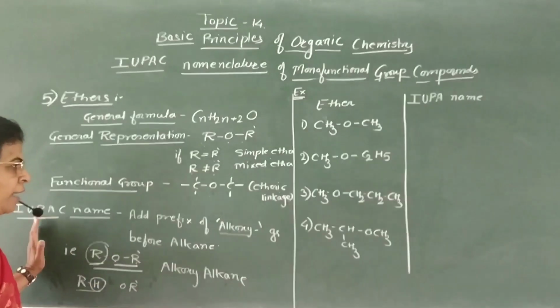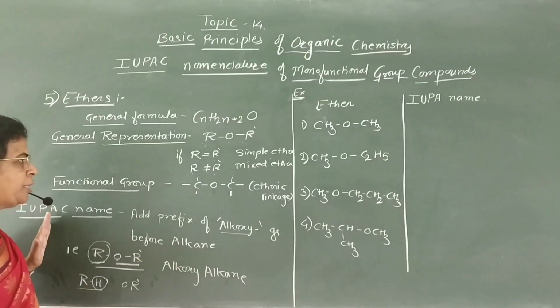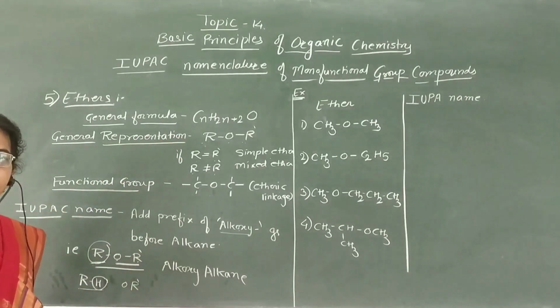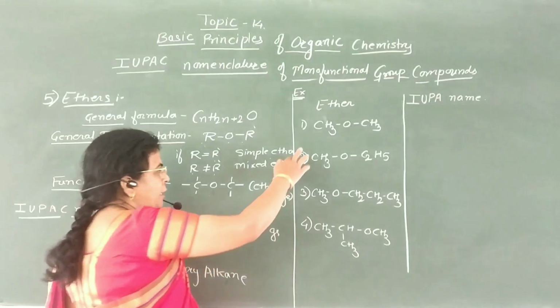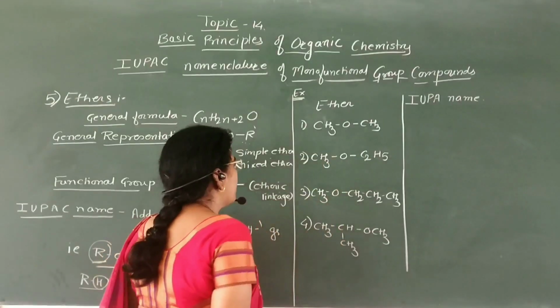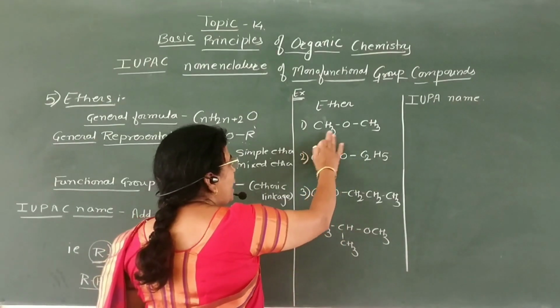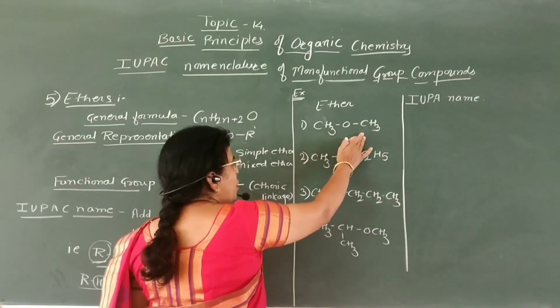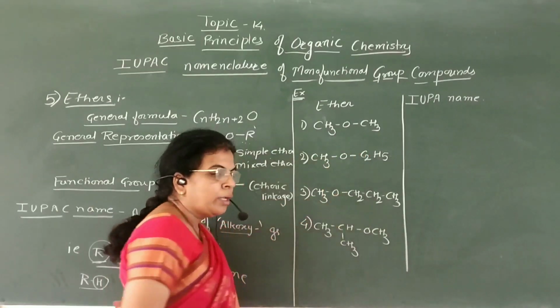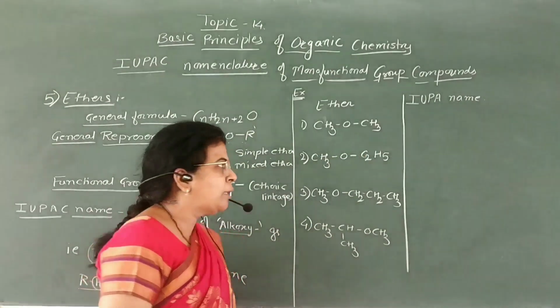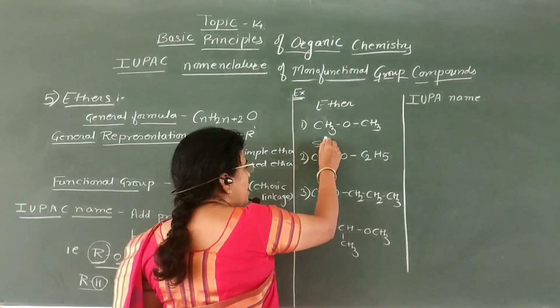Now we can understand this IUPAC nomenclature by some examples. For example, CH3OCH3. Here there are two methyl groups attached to the oxygen atom. These two methyl groups are similar, therefore it is an example of a simple ether.